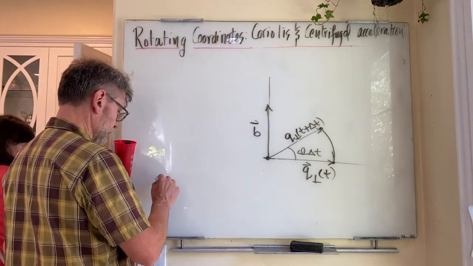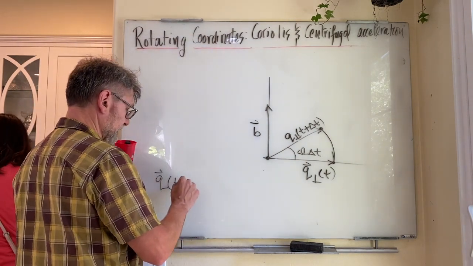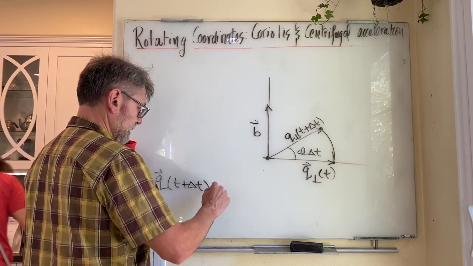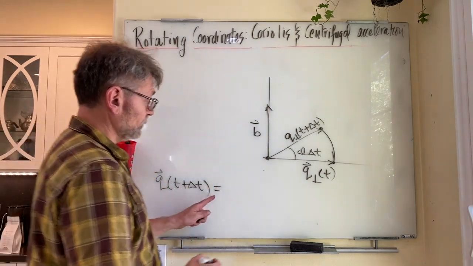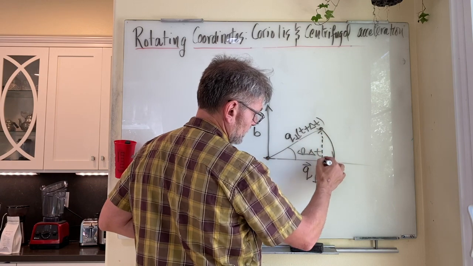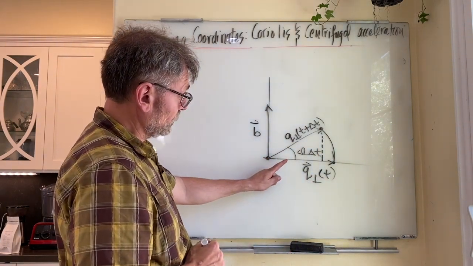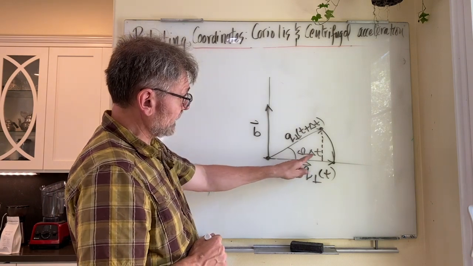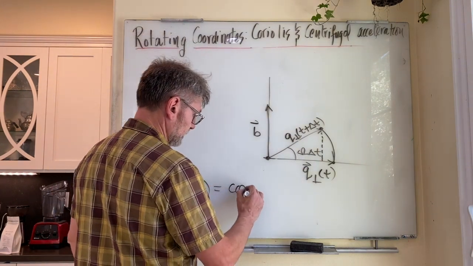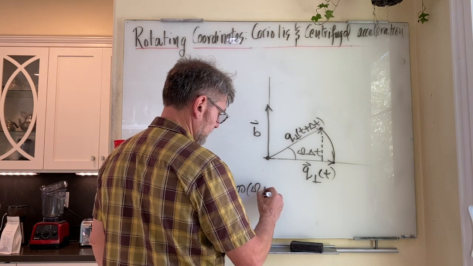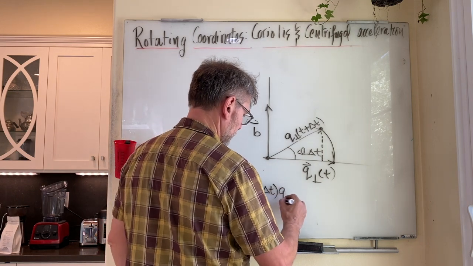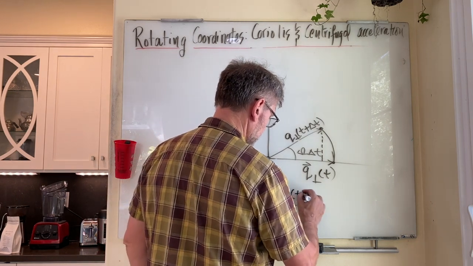So q perpendicular at time t plus delta t is going to be equal to, so there's going to be a projection down here onto q perp, right? And the projection will go like the cosine of omega delta t. So it will be cosine of omega delta t times q perp of t.